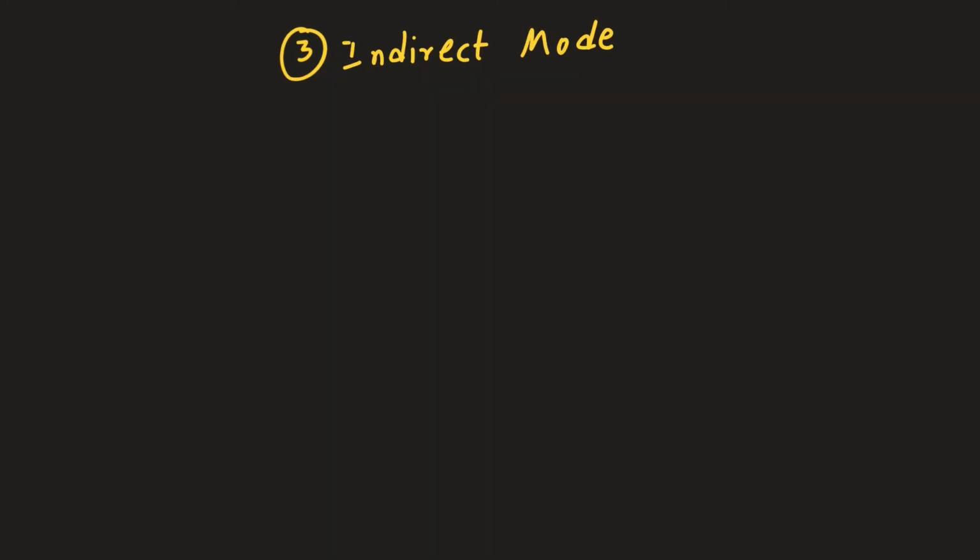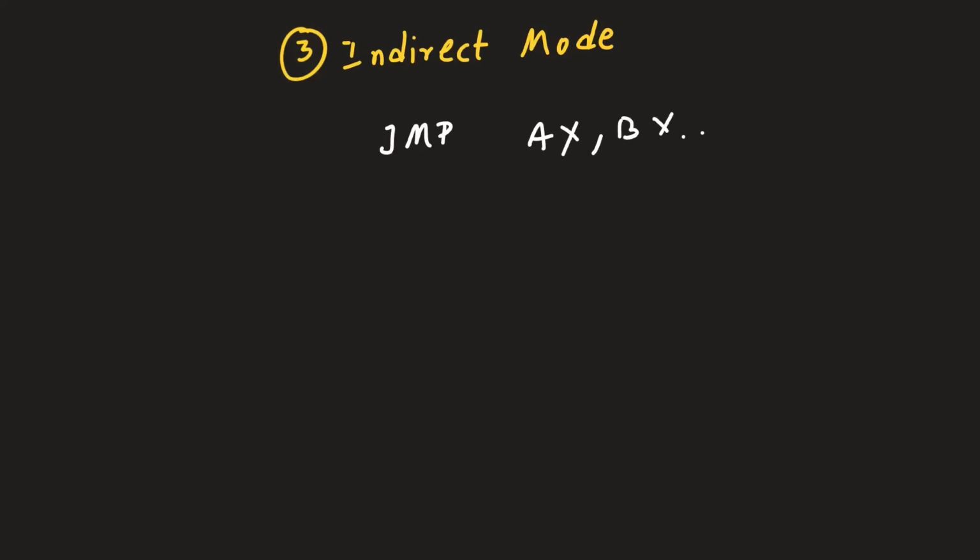The last one is called indirect program memory addressing mode. This type of addressing mode uses instructions where the jump or call instructions use a 16-bit register, so it may be AX, BX or CX or whatever.